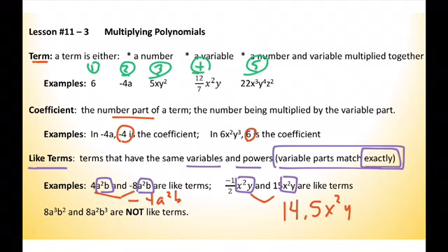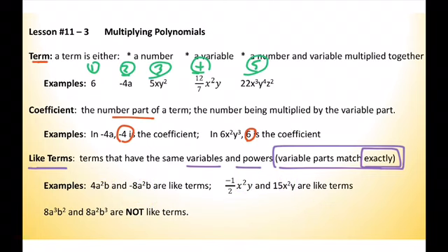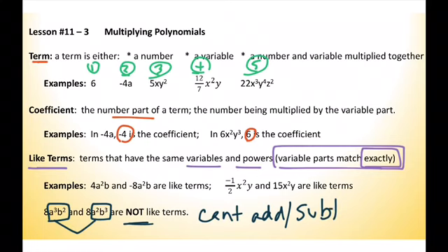Now in contrast, 8a to the third b squared and 8a squared b to the third are not like terms because they don't match. You see, we've got a to the third and then a to the second. They don't match, so they're not like terms. I cannot add or subtract. However, if I said multiply those two, then we can do that because we can multiply anything.